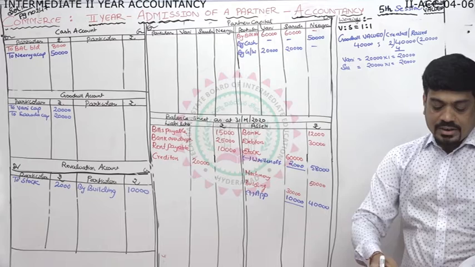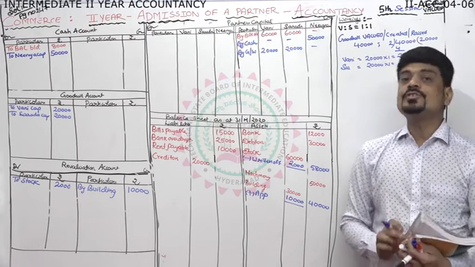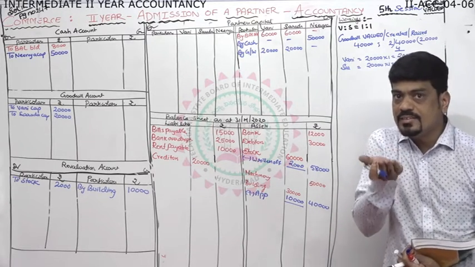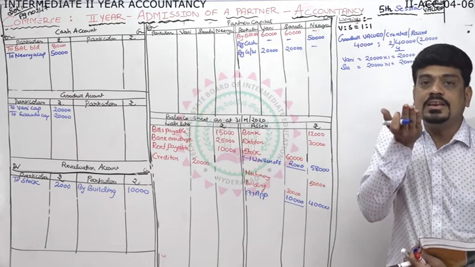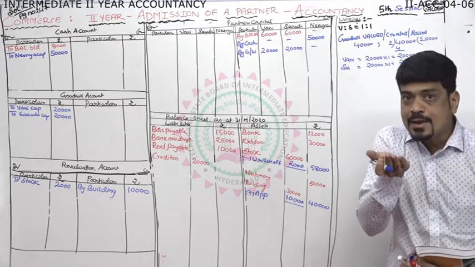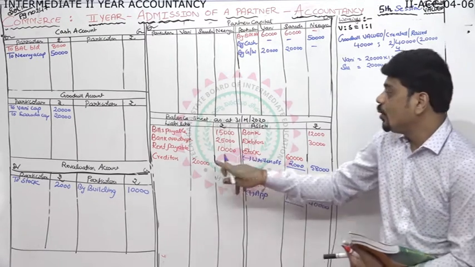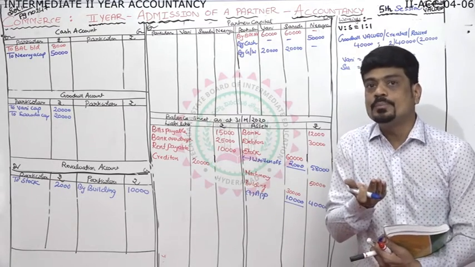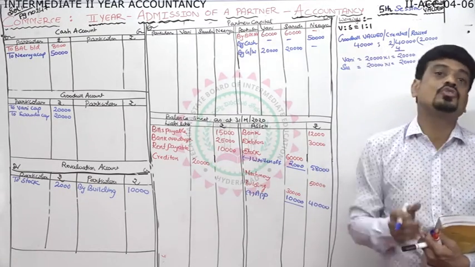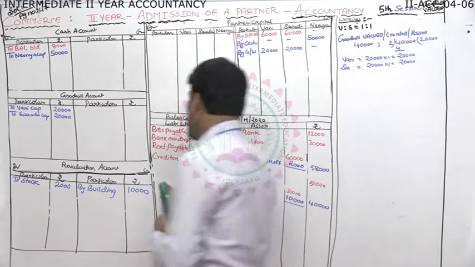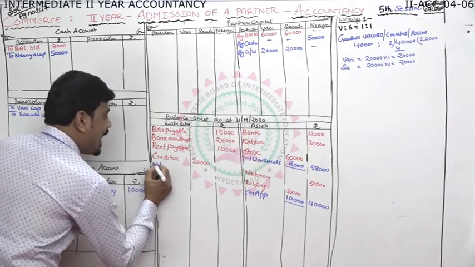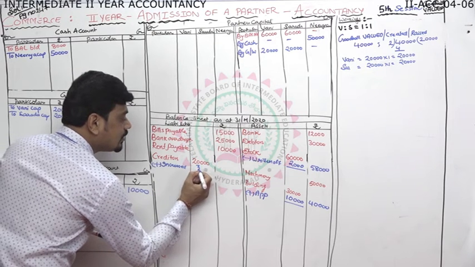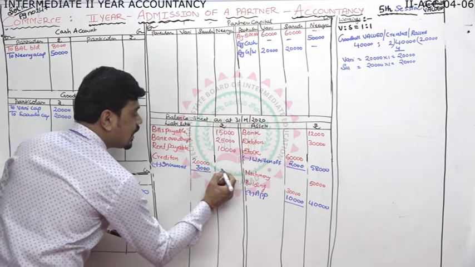Now let us see the next adjustment. They say creditors are increased by 3,000. Creditors are increasing. In the sense, liability is increasing. One liability called creditor. How much are creditors? 20,000. Increased by, they told. By means 3,000 should be added. So we'll go to creditors, add increased. It has increased by 3,000.